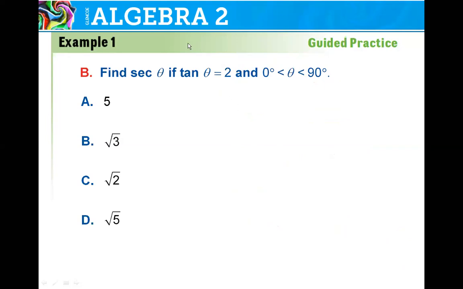Excellent. So by using the rules that we proved yesterday, tan square theta plus 1 is equal to sec square theta. Okay, substitute, Hussein. Tan squared theta equals 4, because 2 to the power 2 equals 4.